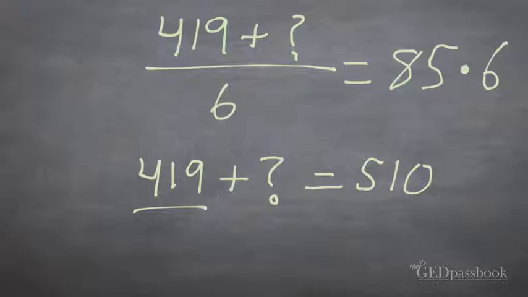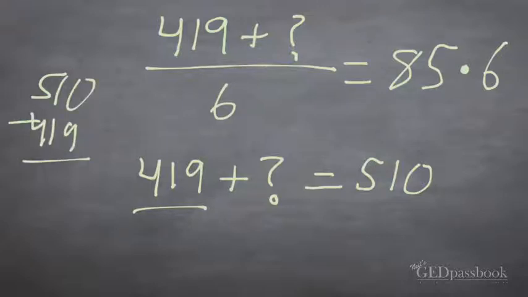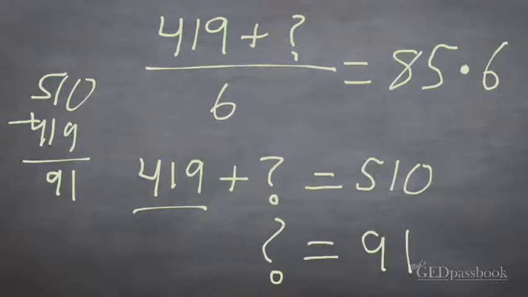Or you could just subtract, right? What's 510 minus 419? That's my missing number. Because 510 minus 419 equals 91, which means my missing number is 91. There's one or two of these in the practice sheet today, but you need to be prepared for it.